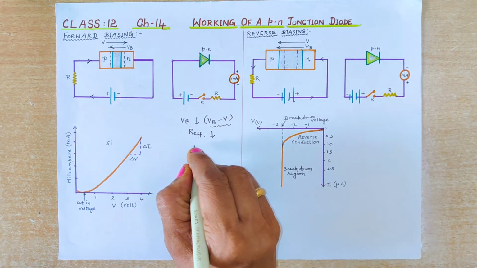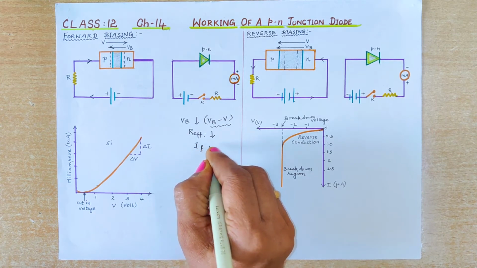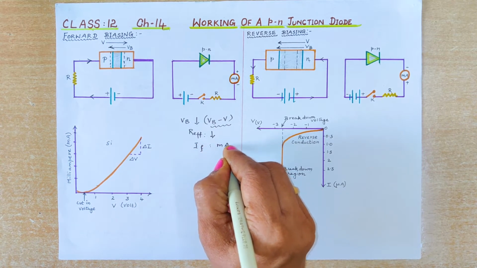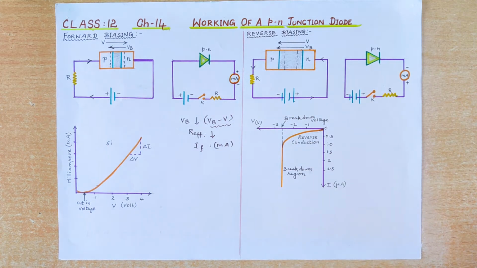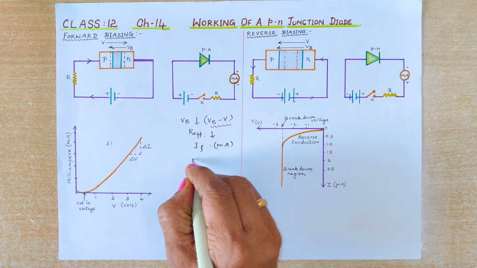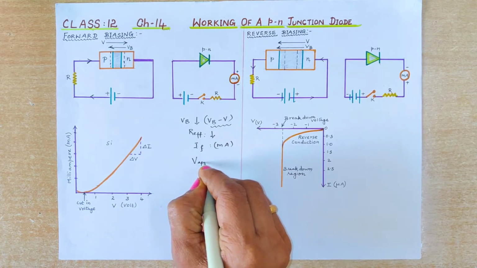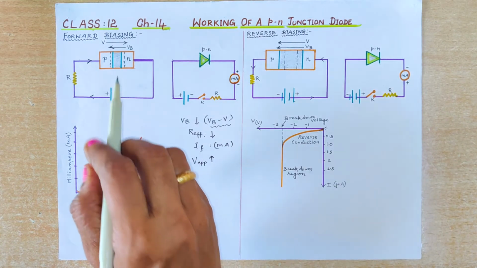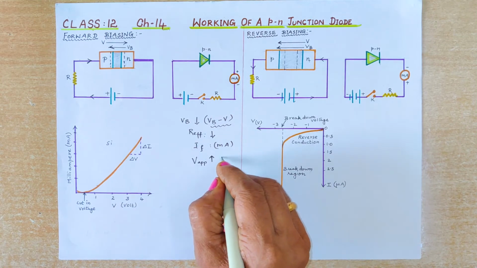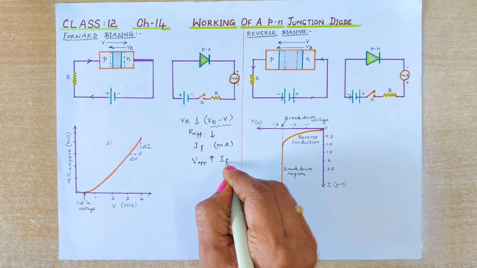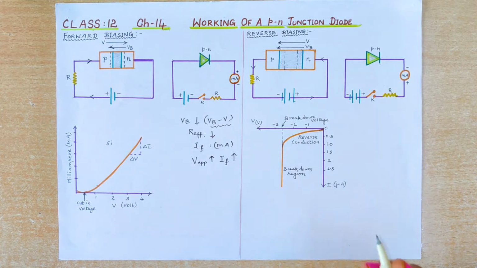You have to remember that because of the conduction, the effective resistance also decreases, which causes more forward current to flow. The forward current is measured in milliampere, where the milliammeter is connected. Therefore, when the applied voltage increases in forward biasing, the resistance decreases and the forward current, which we write as IF, also increases.